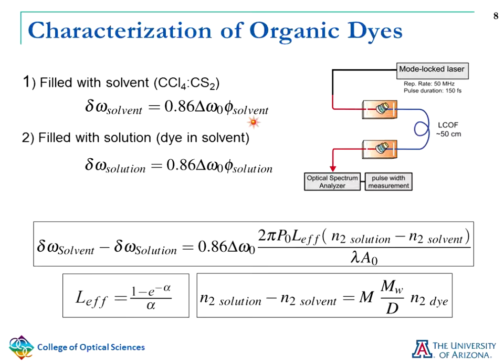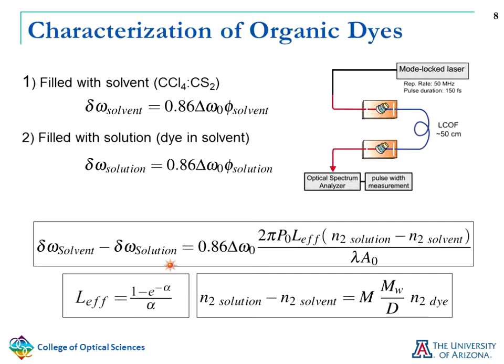So having these two measured values and putting the numbers in the pulse spectral broadening equation that I showed earlier, we can see that this subtraction is dependent upon the difference between the N2 of the solution and the N2 of the solvent.